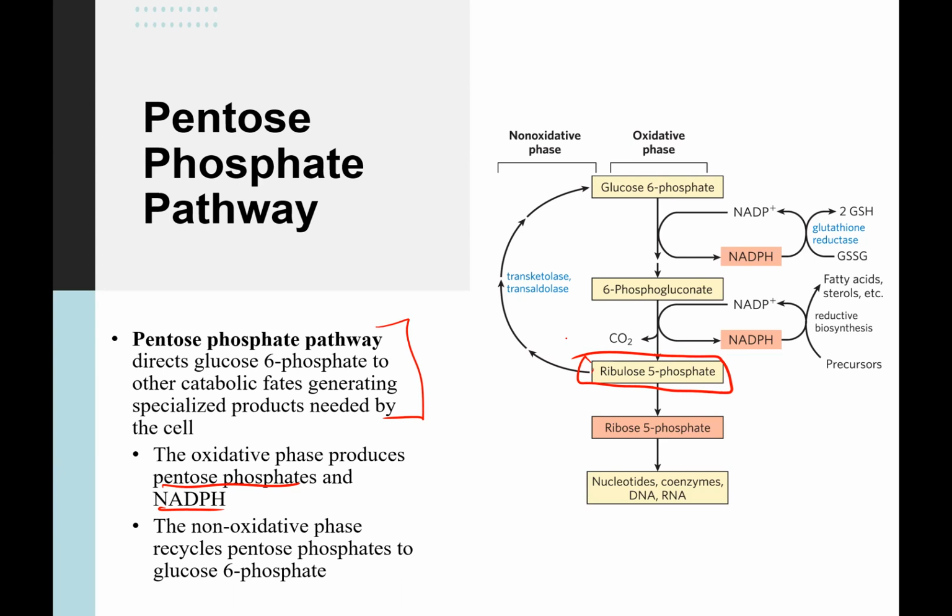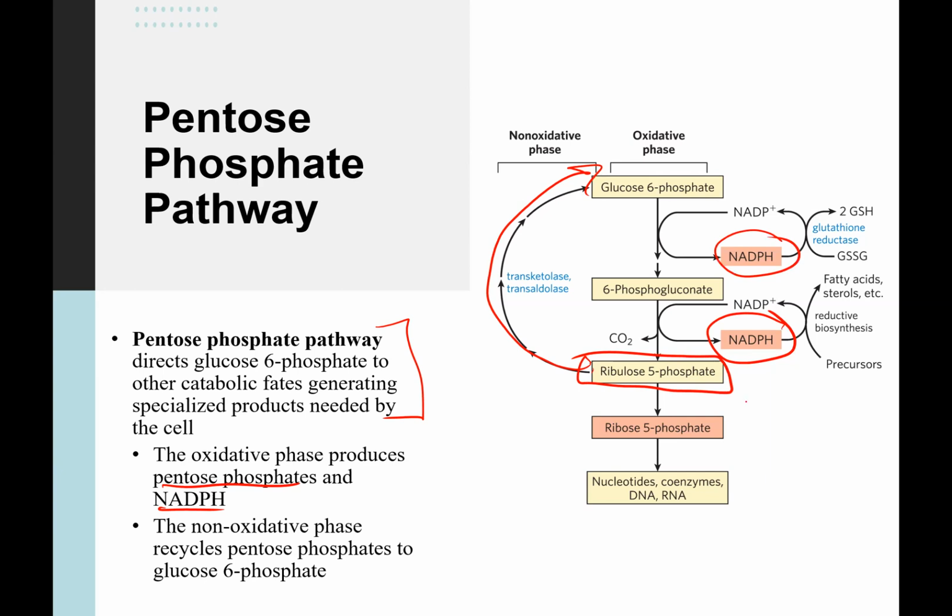That can be recycled in the non-oxidative phase. This recycling will happen if we just need NADPH, right?